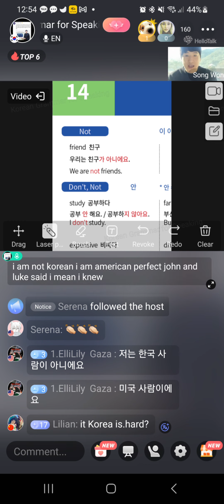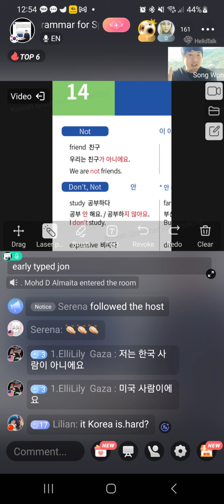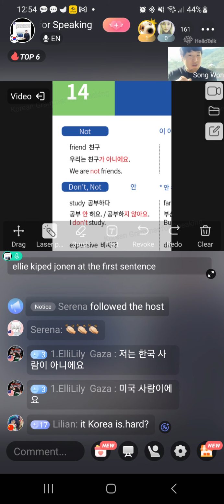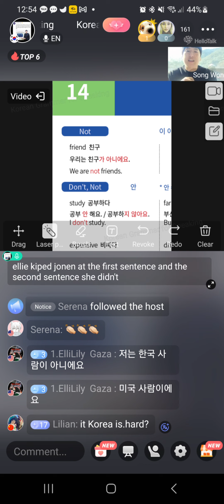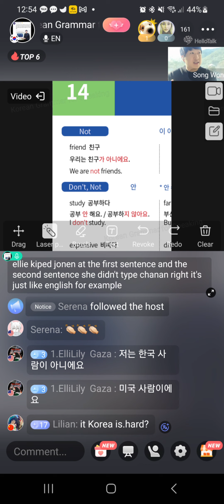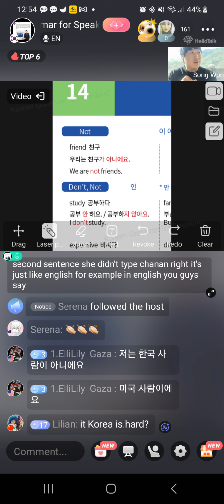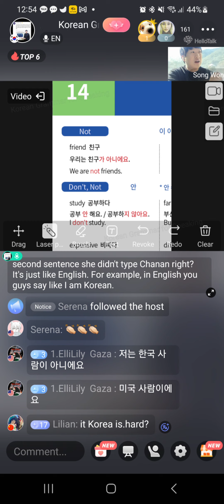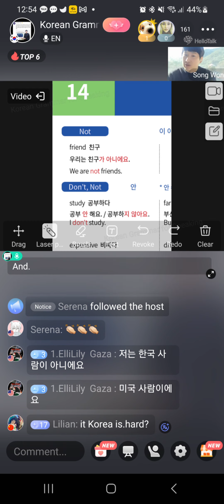미국 사람이에요. Ellie typed 저는 in the first sentence, and in the second sentence she didn't type 저는, right? It's just like English. For example, in English, you say, I am Korean and an engineer. You don't like to repeat. Same as Korean.